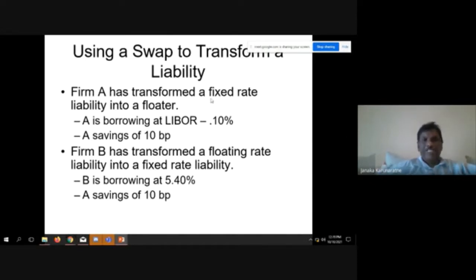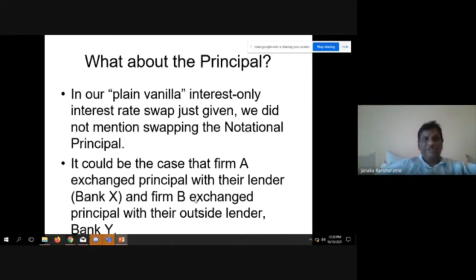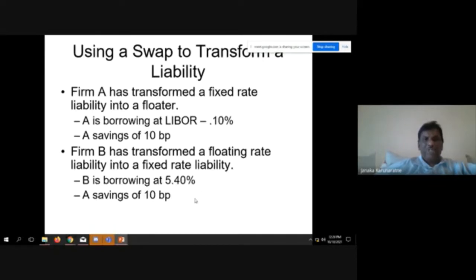So A has transformed a fixed rate liability into a floater, LIBOR minus 0.1%. Firm B has transformed the floating rate liability into a fixed rate liability at 5.4%, a saving of 10 basis points. That's how this 40,000 comes. Any questions from that?